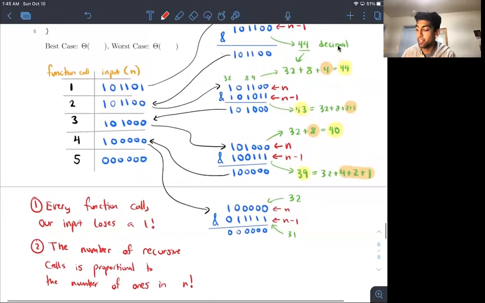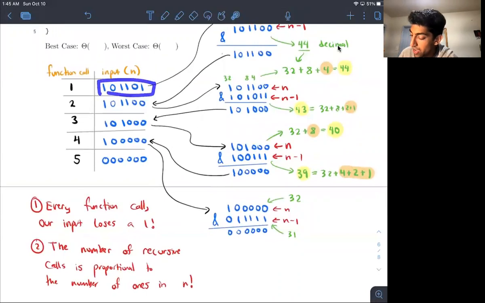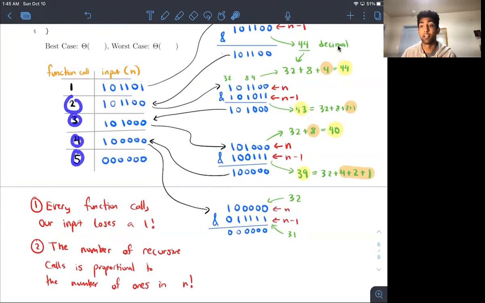Notice here that in the n that I'm given, we have 4 ones. And accordingly, we have 4 recursive calls right after the initial function call.